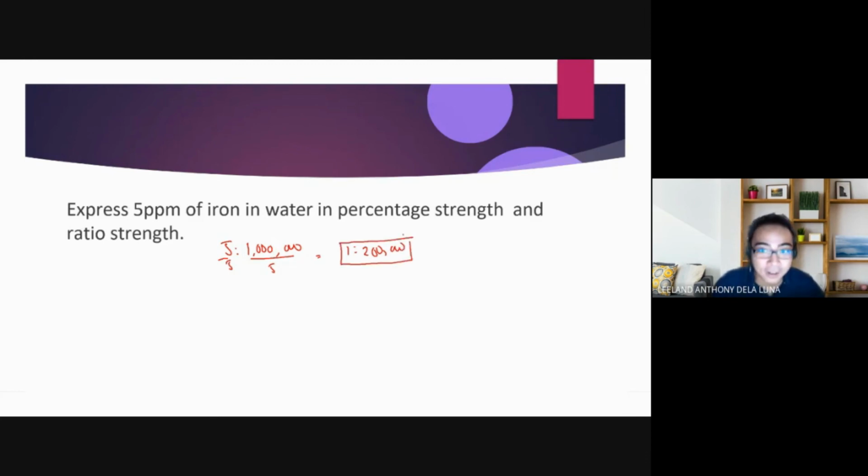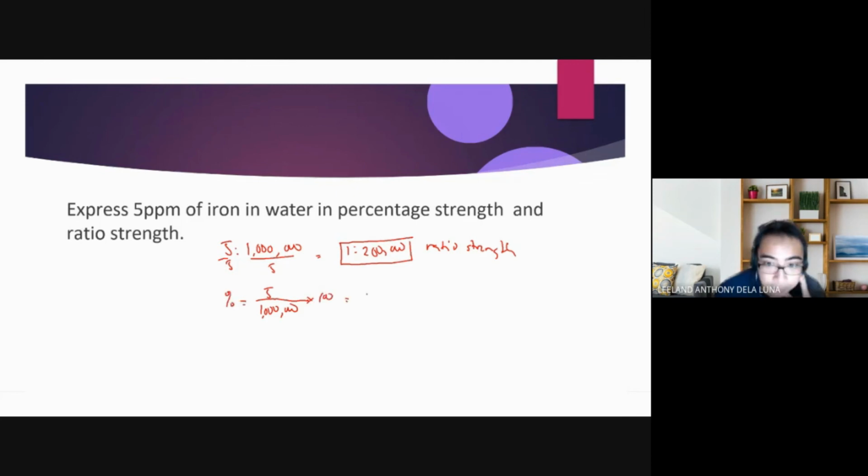Now that is of course ratio strength. Okay? As percentage naman, what pwede natin gawin is 5 divided by 1 million, times 100 to get the percentage.